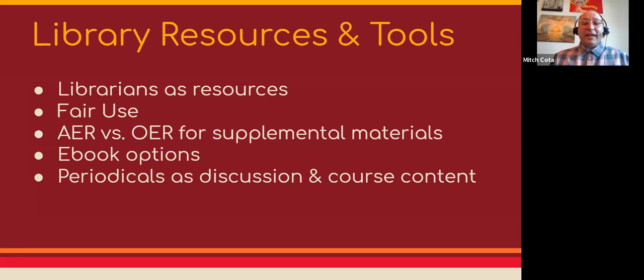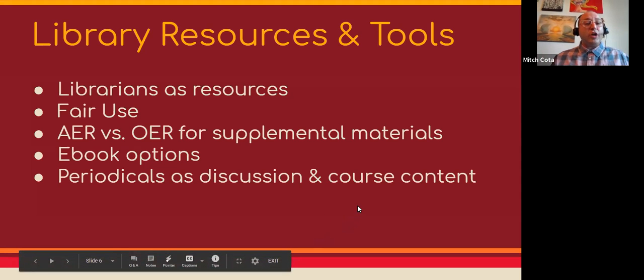I know the next thing that I always like to belabor is the AER versus OER for supplemental materials. The library pays a lot of money, no matter where you are. It's a lot of money to whatever institution you're at to have all these research materials available to you. So having alternative educational resources could be anything from, I've pulled research articles to align with different modules throughout a class for different classes.